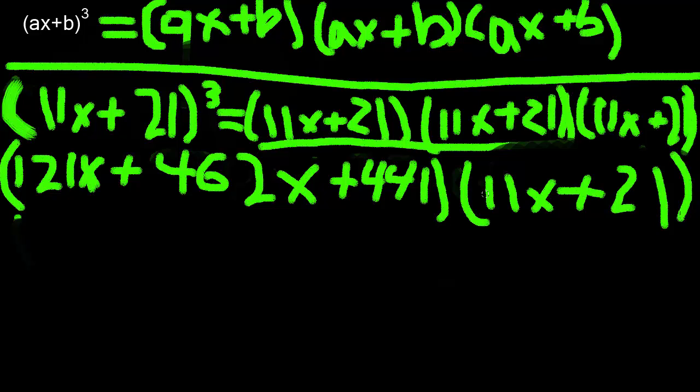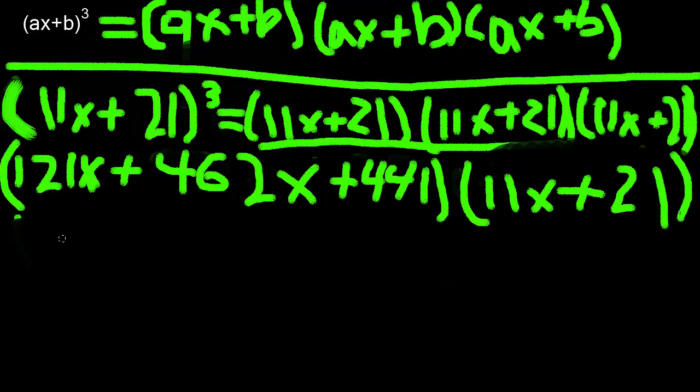And so now we have a 3-term polynomial times a binomial, 2 terms. So no FOIL here, because if we FOIL, we're going to miss the 462x times 11x and the 462x from the 21.